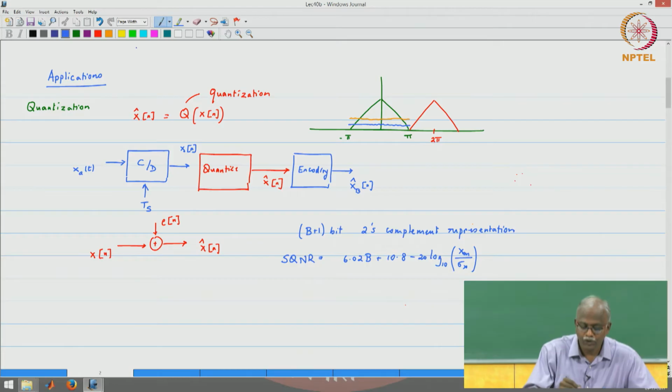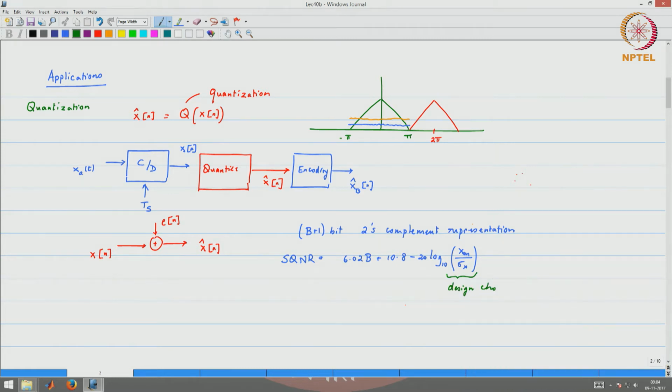Okay. So, one observation is that this is a design choice. You have to choose how much you want to choose your full scale, and the design choice is controlled by your desire to minimize the probability of clipping.